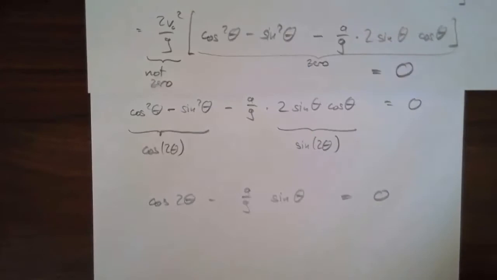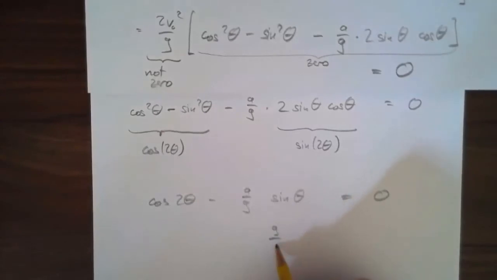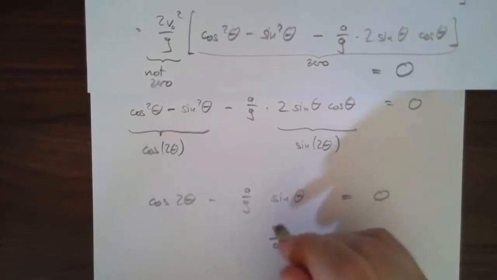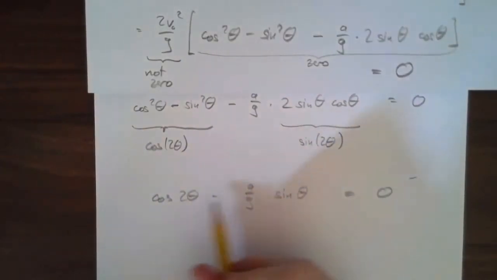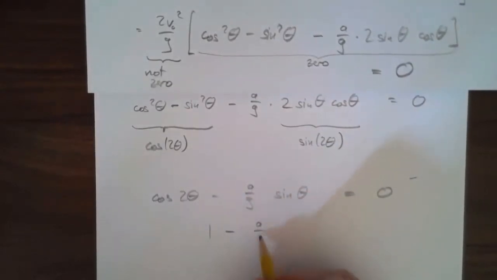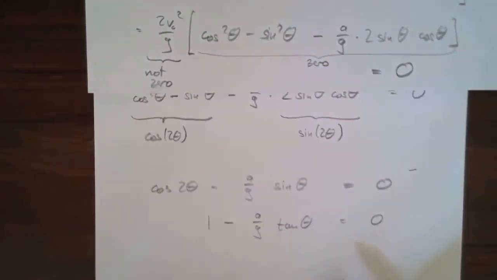Let me do it carefully, step by step. I'm going to divide by cosine 2 theta, so I have 1 minus a over g tan 2 theta is equal to 0, right? Sine over cosine. So I've divided both sides, left and right, by cosine 2 theta, like everything.